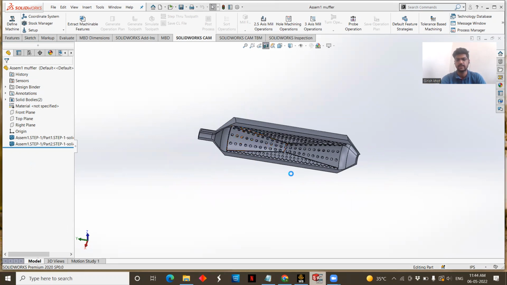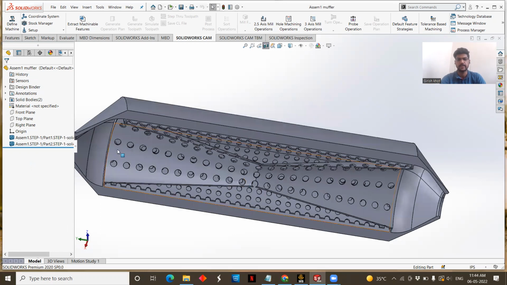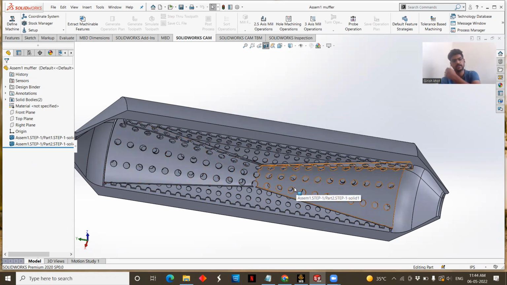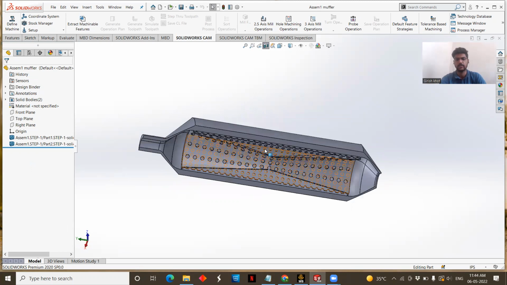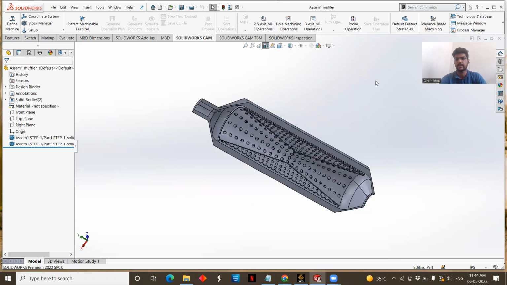That's the reason we have put the two barriers inside. When the gases enter from the inside, they also contain kinetic energy. The kinetic energy will be damped through these barriers, and so the sound will be much more reduced to the human ear and would be good to hear. So this is the CAD.